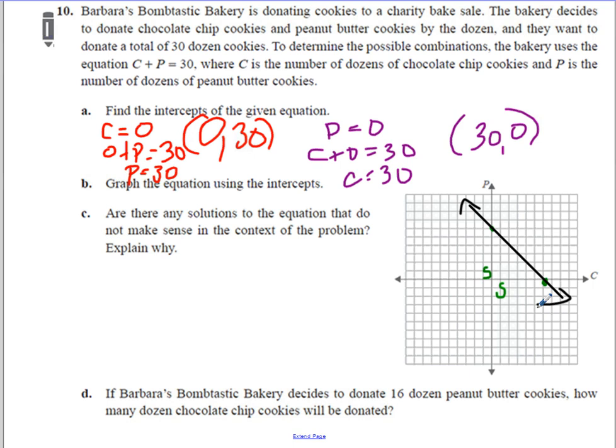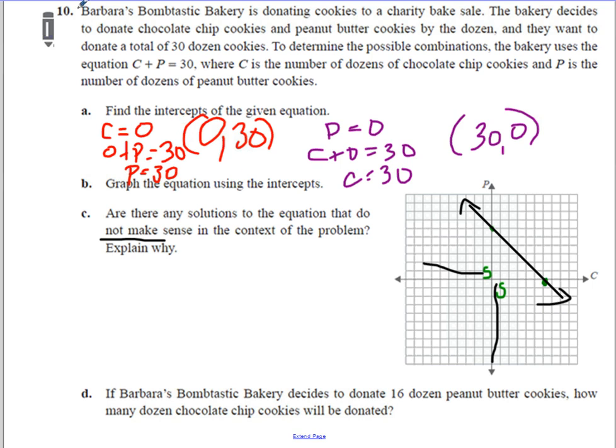But then they're asking us, are there any solutions that don't make sense? Well, if we look at the graph, back here we would have negative chocolate chip cookies. Down here we would have negative peanut butter cookies. That does not make any sense. We're not going to have negative cookies. You might want to try and justify, well, if I ate them, they're negative. But we're not going that.